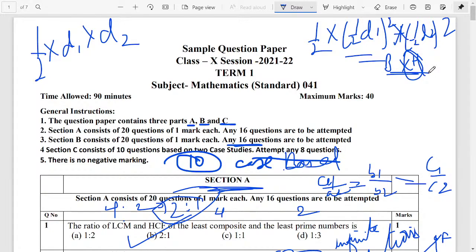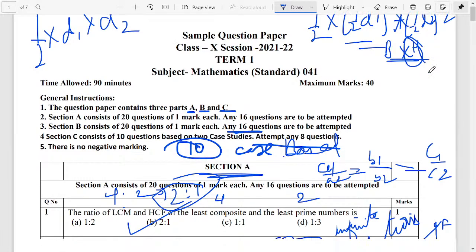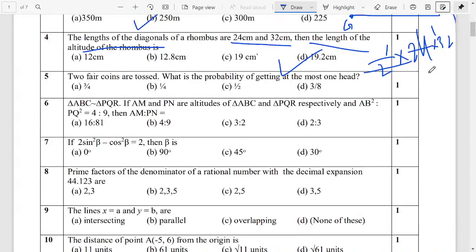So we are having two different formulae for this. Clear? Good. So 19.2 becomes your correct answer.